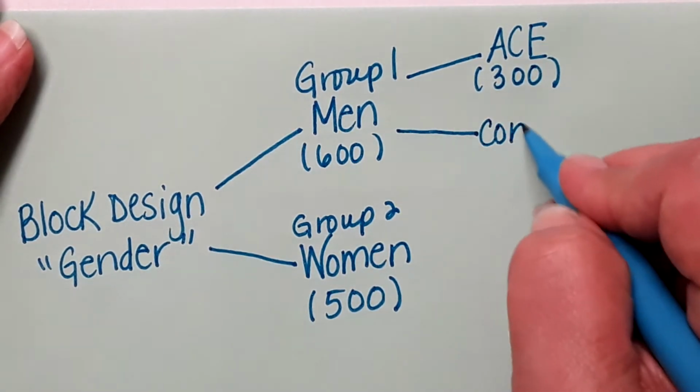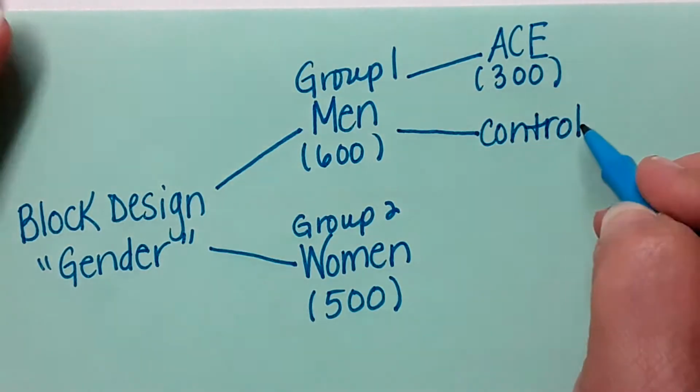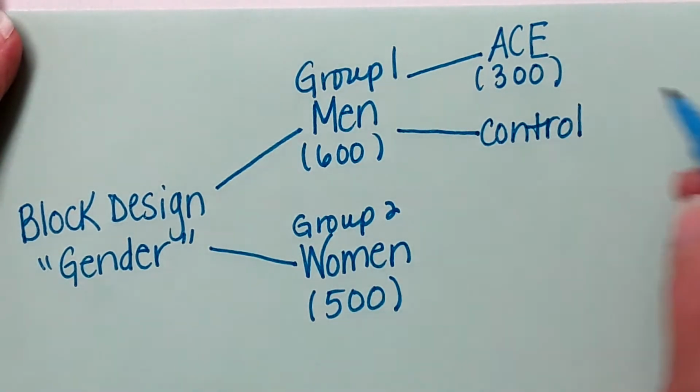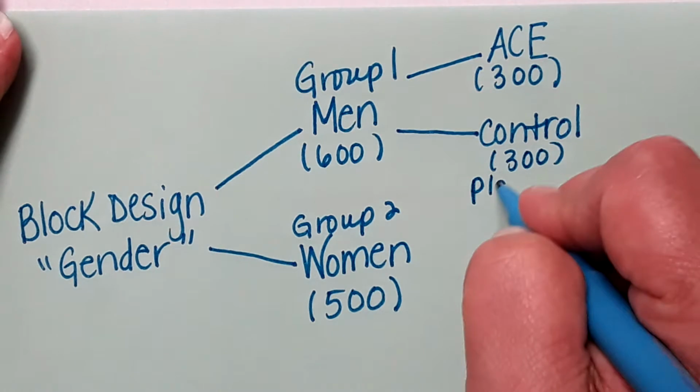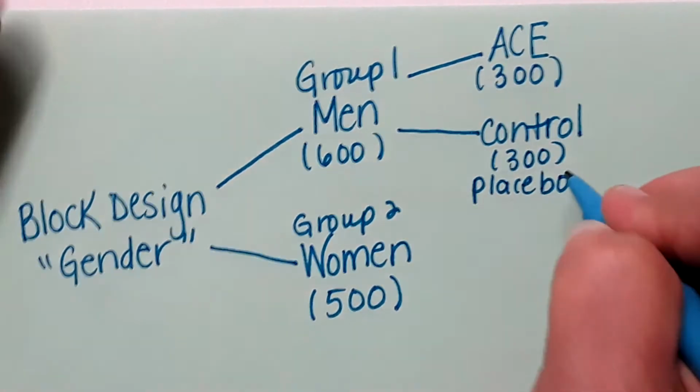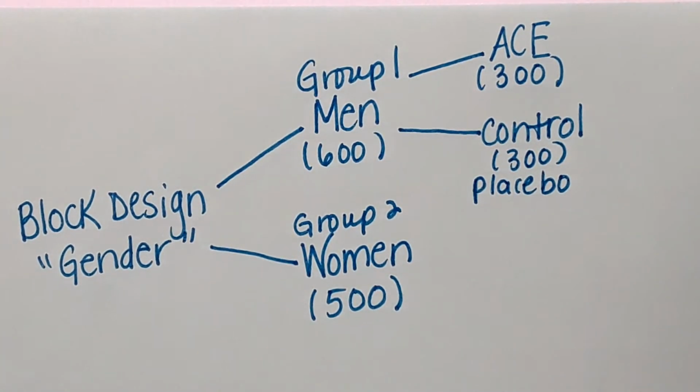Now remember, when you think of a control group, we're going to have 300, and I need you to put placebo. They have to have a placebo, because these people have to believe that they are getting a treatment as well. You can't just say, okay, you're not going to take anything, because they have to believe that they're in the study as well, okay?